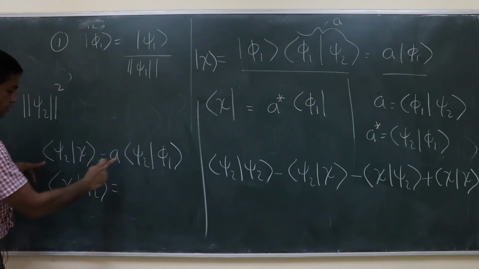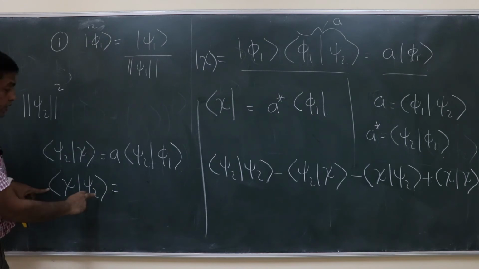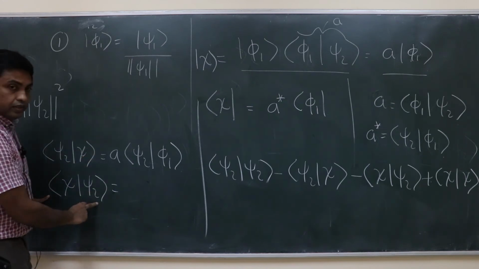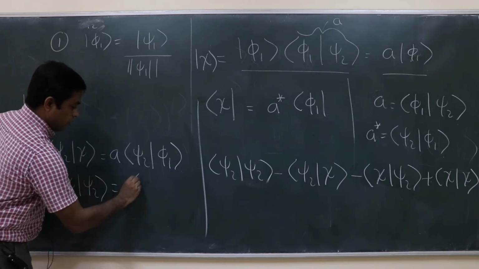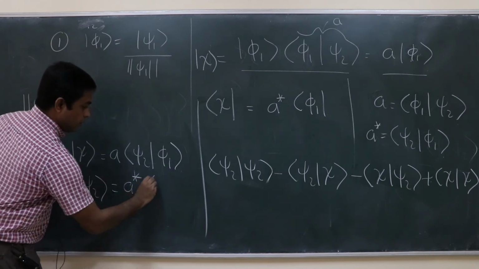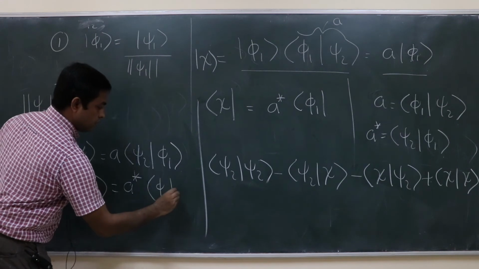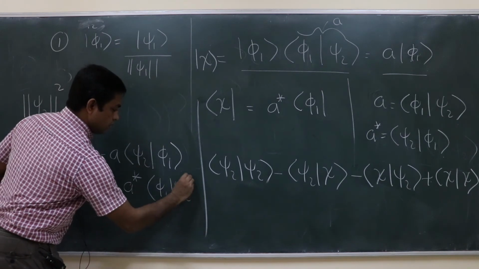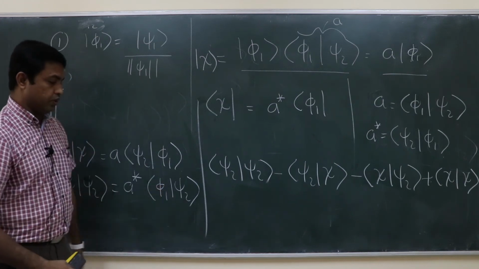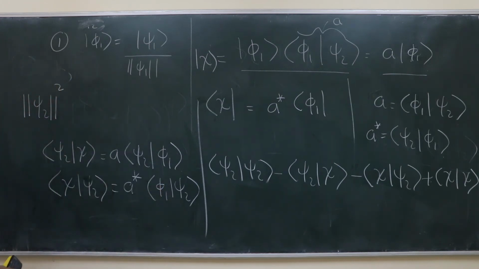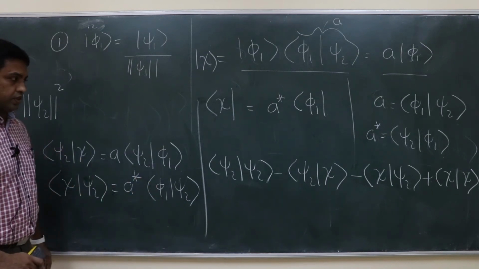I know this, so then I can find out this. What is the answer from this? Immediately. Tell me. A conjugate bra phi 1 ket psi 2, right? So this is what this one is.